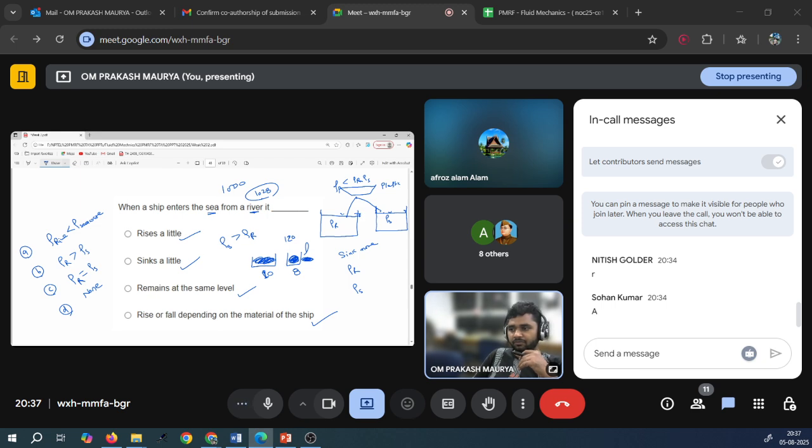So now hope you get it. When you enter from river, you are entering from lighter fluid to denser fluid. When you enter from lighter fluid to denser fluid, it will rise a little bit, not decrease.